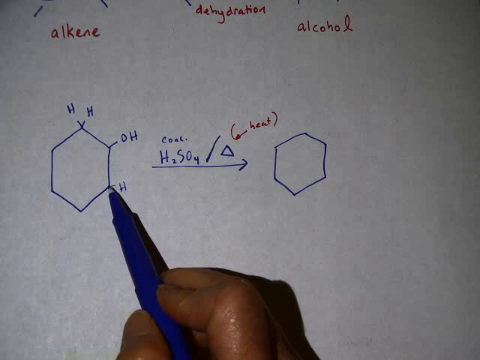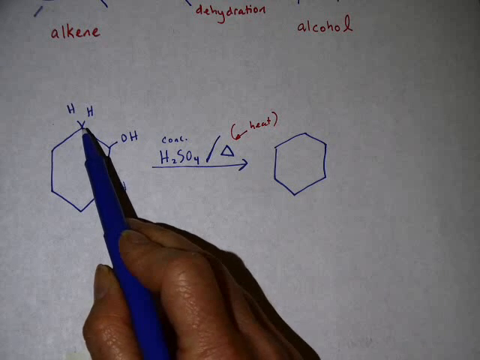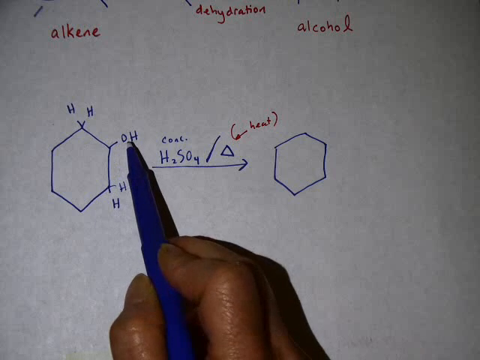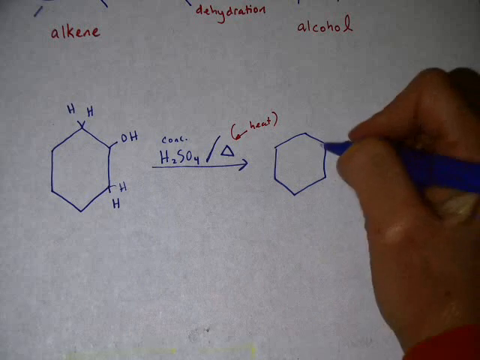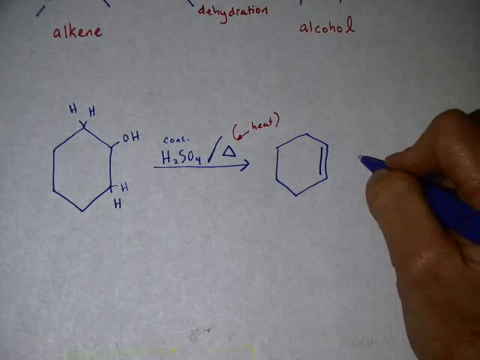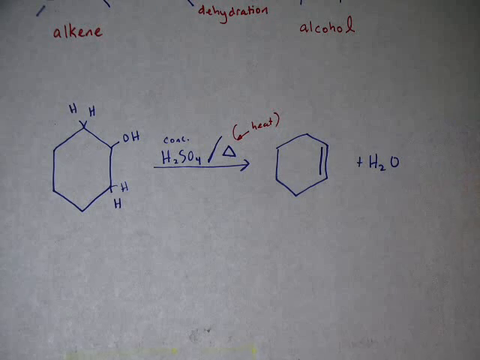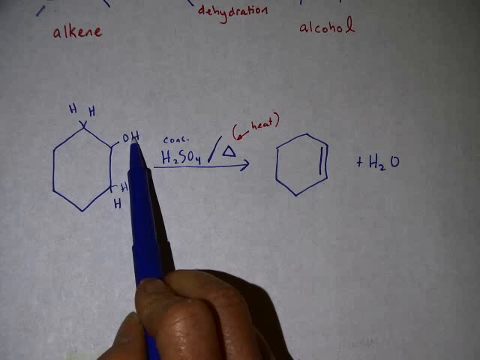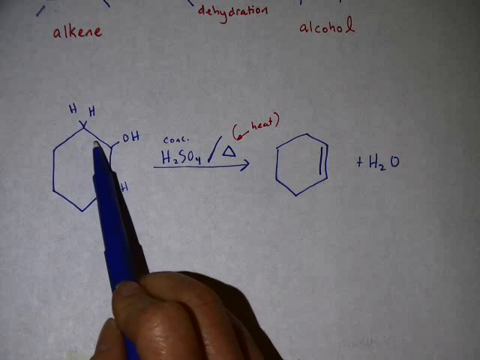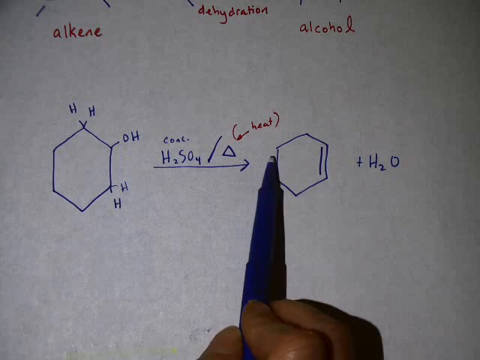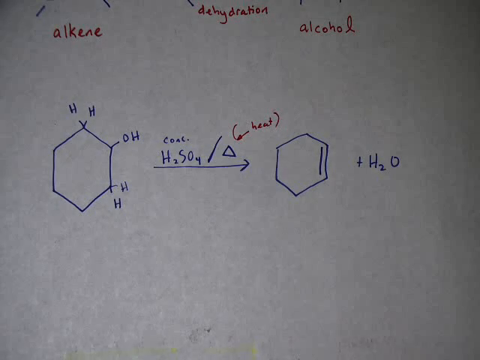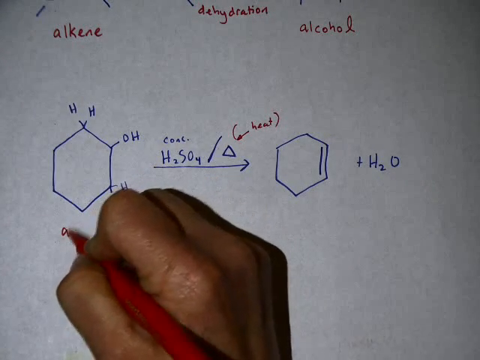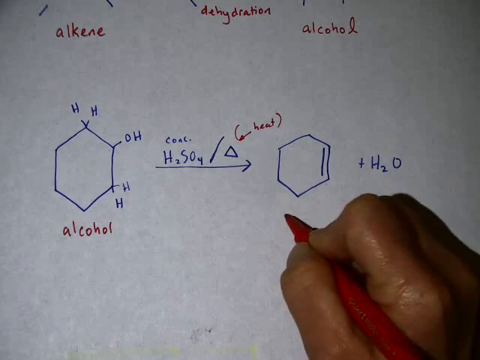If there's an H on the next carbon, either this one or this one, then OH and H can be removed, and what's left behind is a double bond. Now I could have chosen to remove this H with this OH. That would leave me with a double bond here instead, but that's the same exact compound. This, as you know, is alcohol. This is alkene.